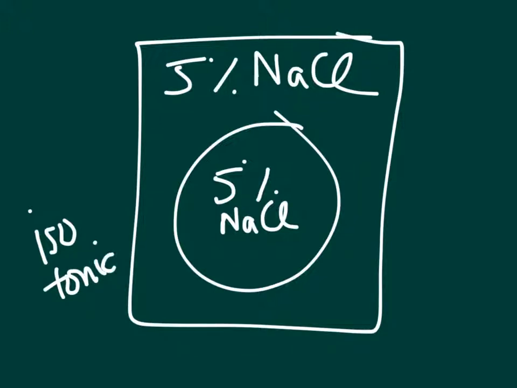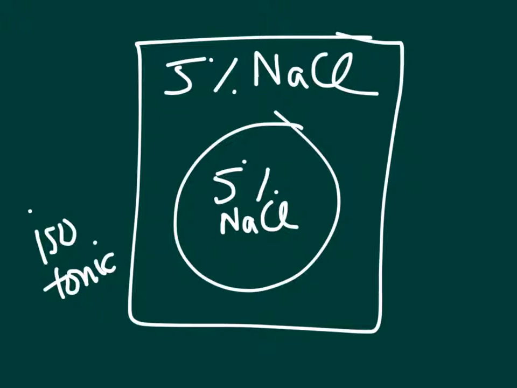Tonicity is the word we use to refer to concentrations of things. So hypertonic, hypotonic, and isotonic. Iso means the same. Now, based on what we've already done, 5% salt makes it what percent water? If it's 95% inside and 95% outside, what happens?